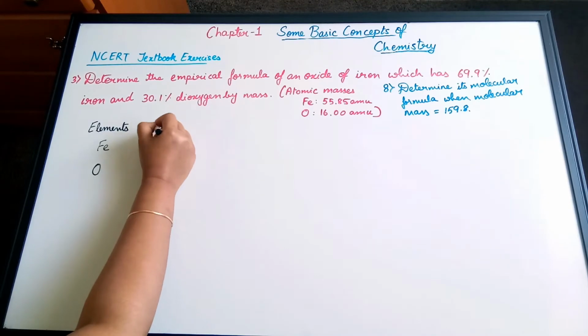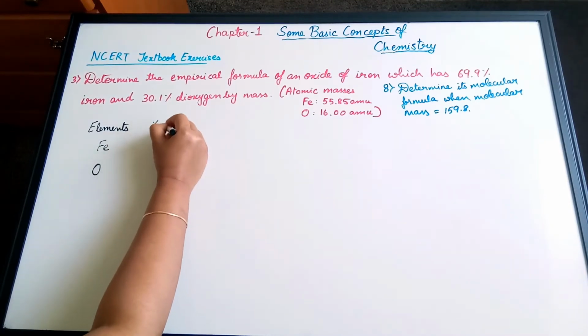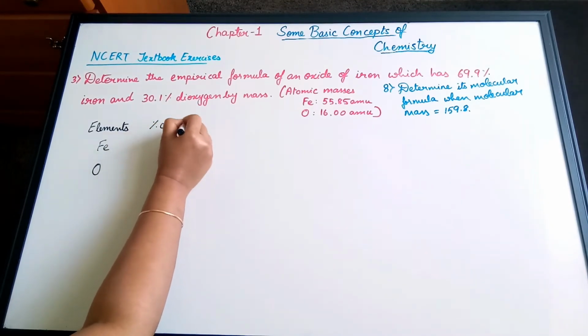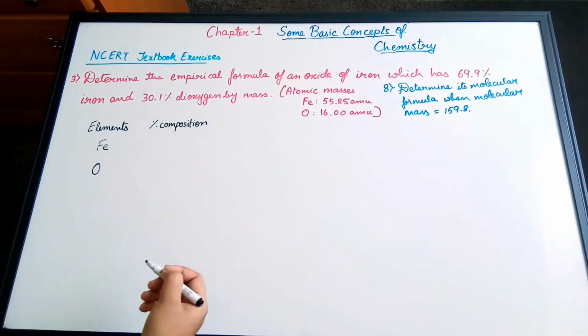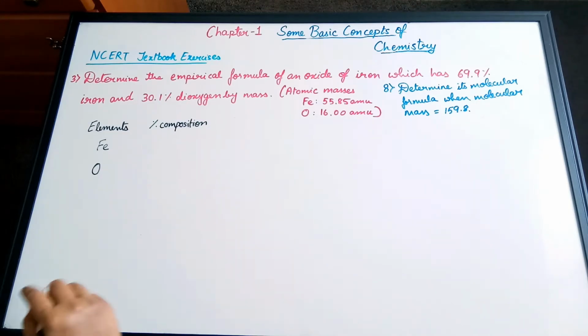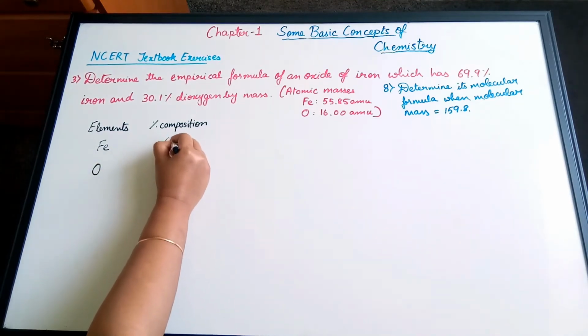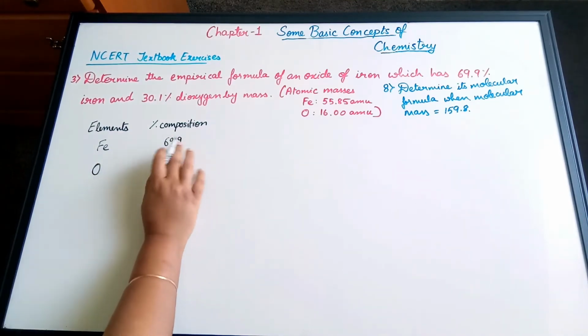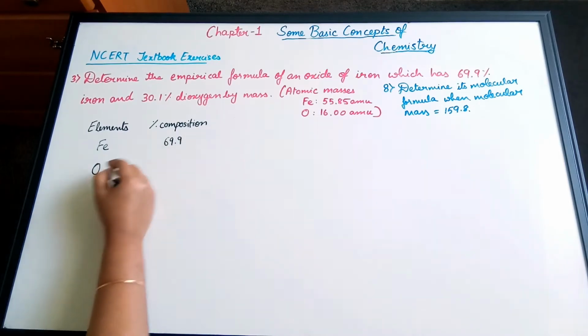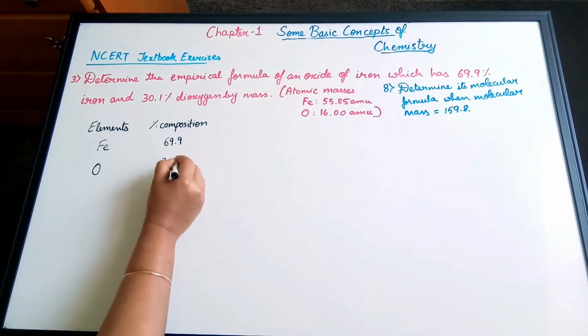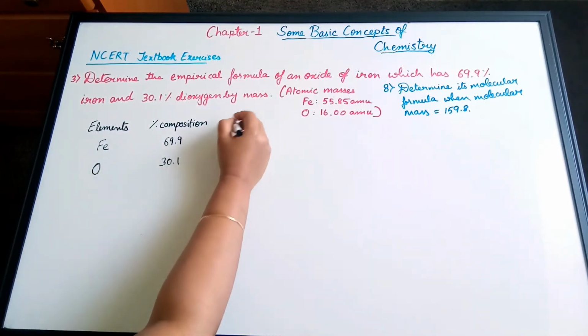Next, we have its percentage composition. We had already dealt with such kinds of problems in empirical and molecular formula. So percentage composition is given as 69.9% for iron and 30.1% dioxygen, which is oxygen.